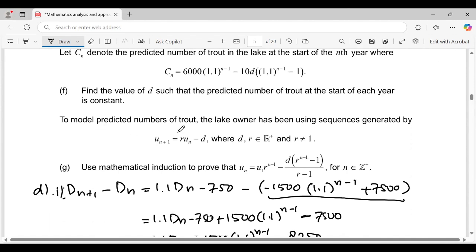To model predicted numbers of trout, the lake owner has been using sequences generated by this equation.